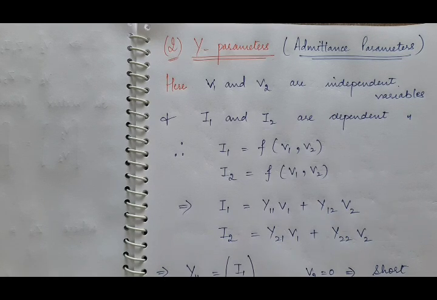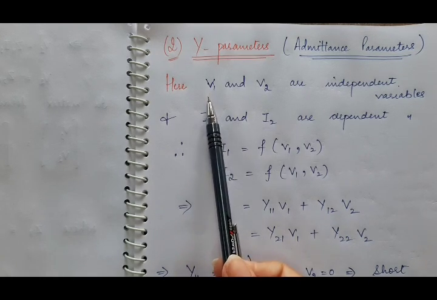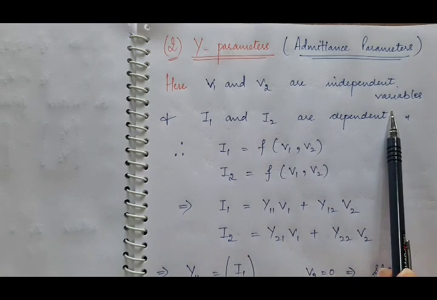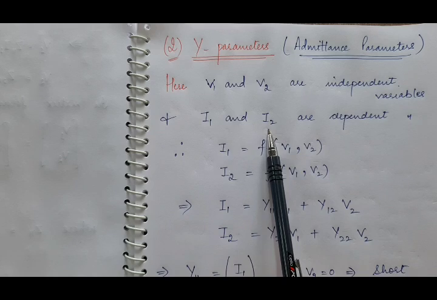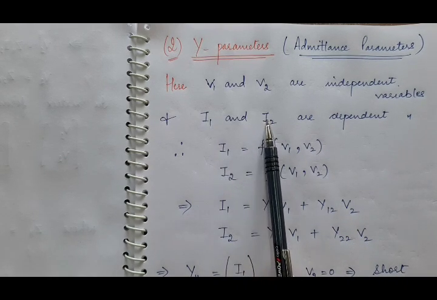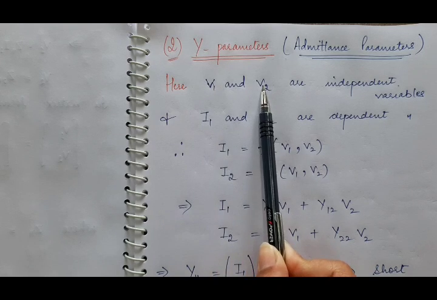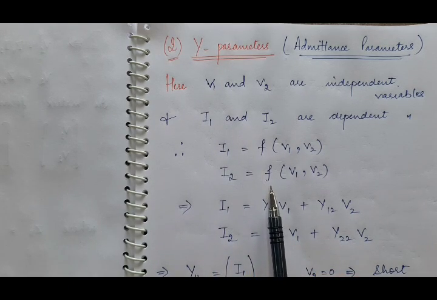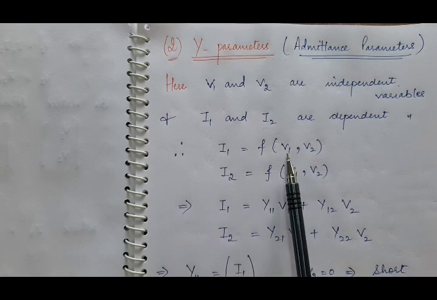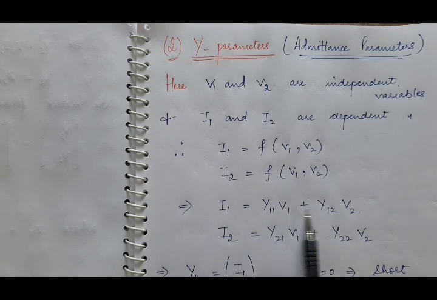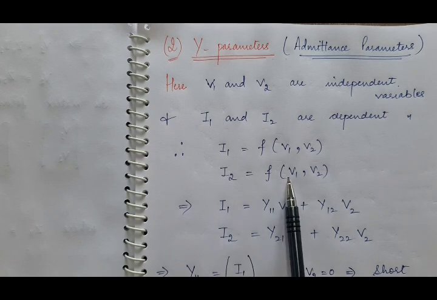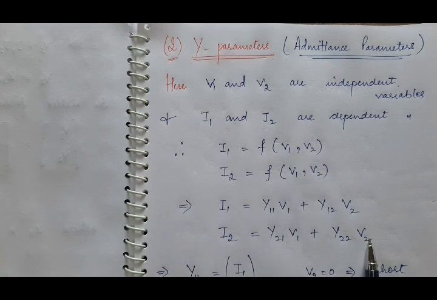Because in case of Y parameters, voltage V1 and V2 are taken as independent variables, and current I1 and I2 are taken as dependent variables. Now both I1 and I2 will depend upon V1 and V2 for their values. So you can write these two equations. I1 will be the linear combination of V1 and V2, which is this equation. And I2 will be the linear combination of V1 and V2, which is this equation.